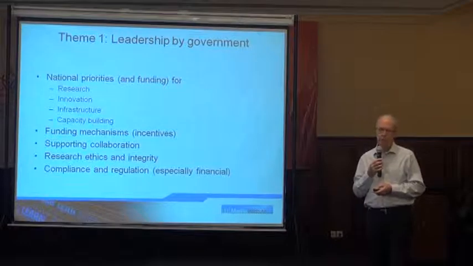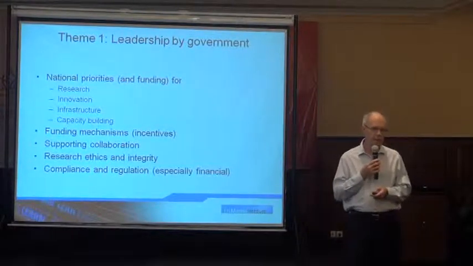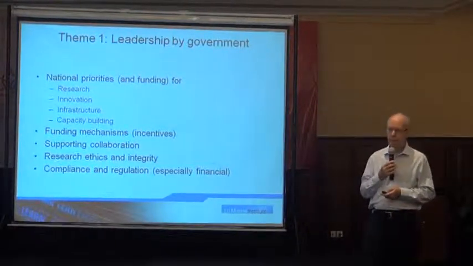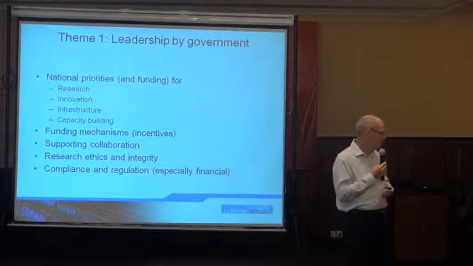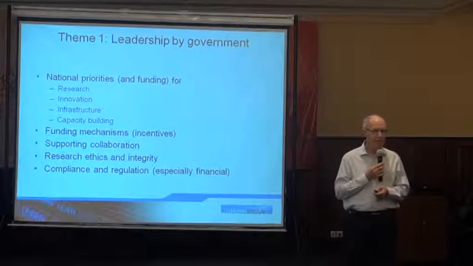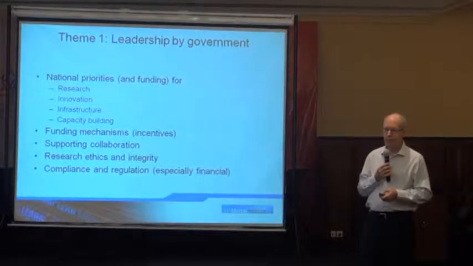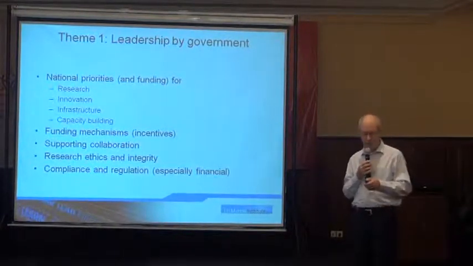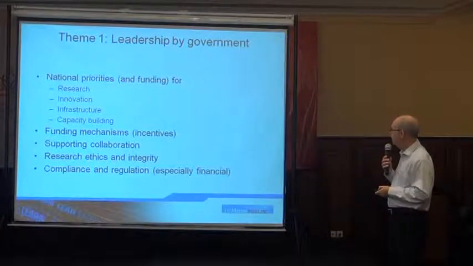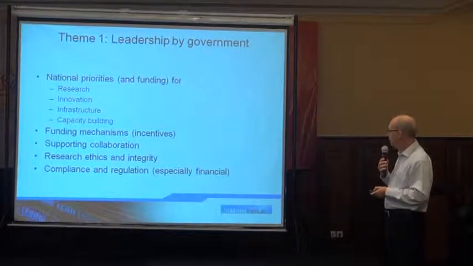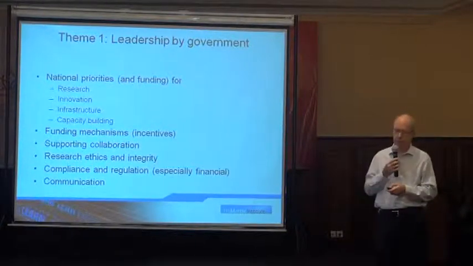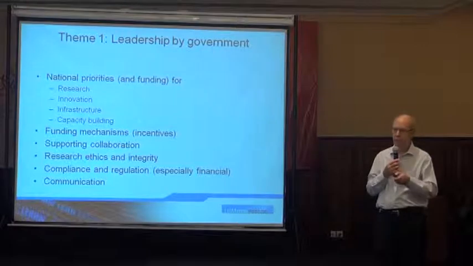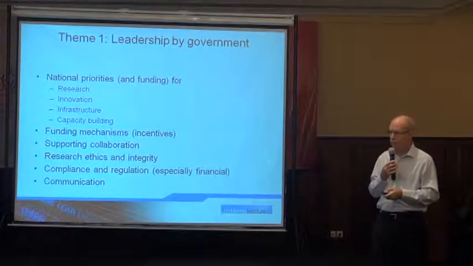And then of course when you're expending government money, there's a whole lot of regulation which sits around that, and you have to do a lot of reporting. I understand you're in the reporting season at the moment, preparing big reports back to the government on expenditure and so forth. So these things are what has to happen. So this is leadership of research by the government. And finally, communication. So the government should be communicating with the institutions about what research is going on.